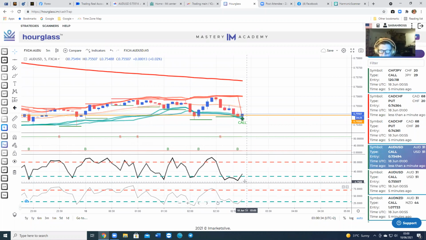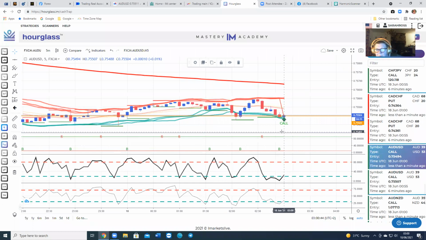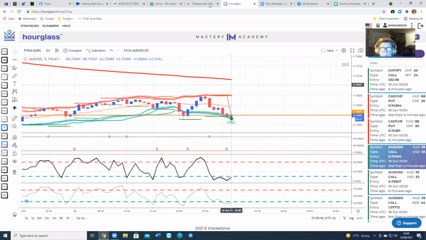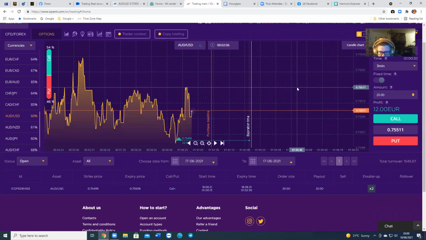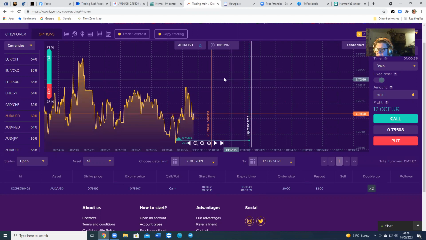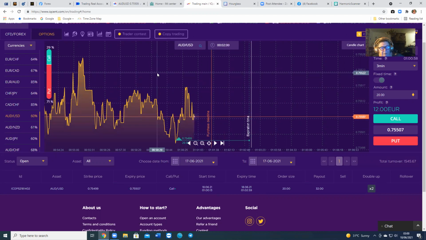Got the cross up 1, cross up 2, B for a buy 3, call and green arrow 4, off the Bollinger Band 5, off the line of resistance 6, and currency strength just switched on us. But we have got about a 6-point trade. So I've got 3 minutes in this. I've got 2 minutes left in this. Let's see how we get on.